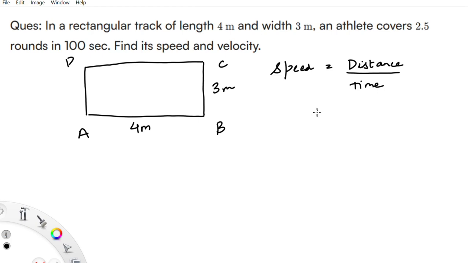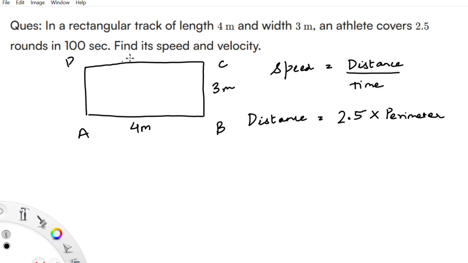Now we have to find out the distance first. How do we do that? We are given that the athlete covers 2.5 rounds in 100 seconds. So distance will be equal to 2.5 times the perimeter of the track, or the circumference or the boundary of the track.